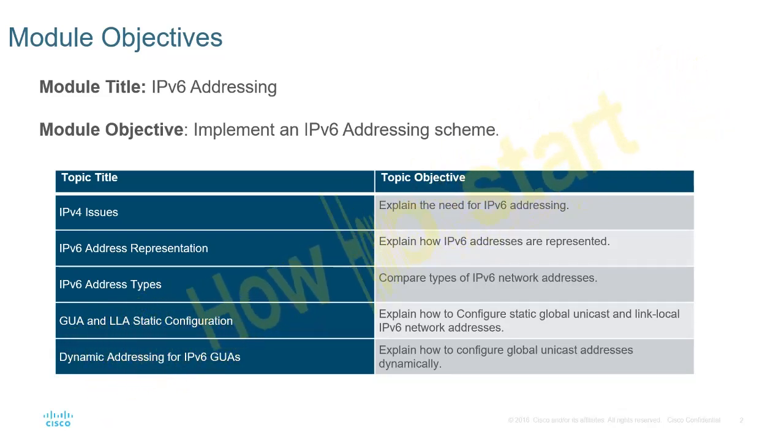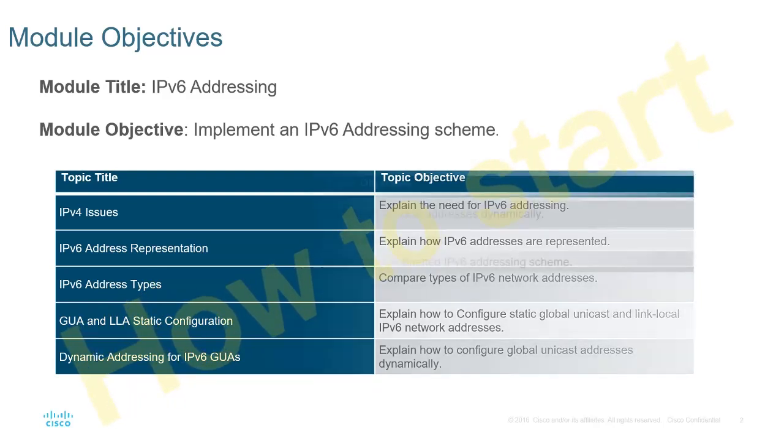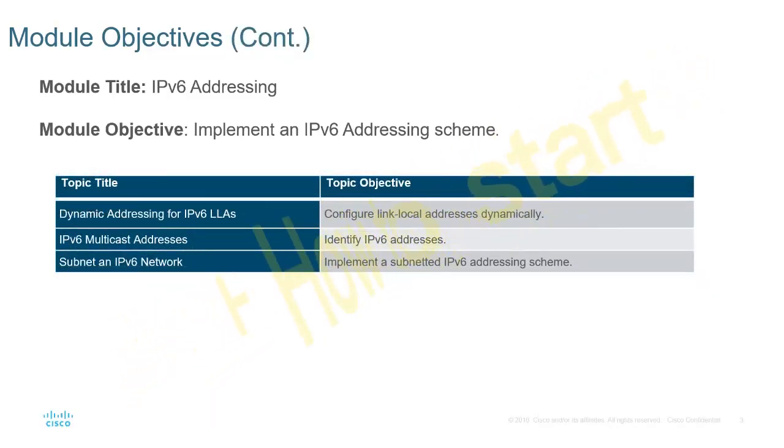Then we're going to talk about the dynamic addressing for public unicast addresses in IPv6. But that's not all. We also then will talk about dynamic addressing for link local addresses, multicast addresses, and then we're going to talk about subnetting in IPv6. Though subnetting in IPv6 is way simpler than subnetting in IPv4.